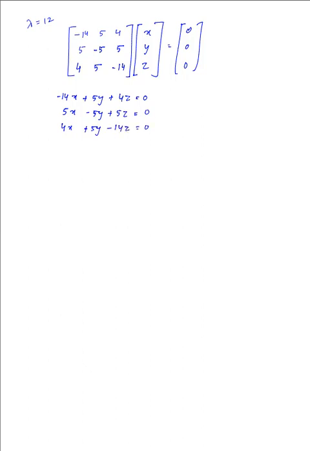Now we consider these two equations, and from that what we get is for x, we are cross multiplying the other two terms, that is 5, 5 and minus 5, 4. So 5 times 5 is 25, minus 5 times 4 is minus 20, minus of that is going to give me x over 45. For y, the other terms that we need to consider are minus 14 and 5 crossed with 5 and 4.